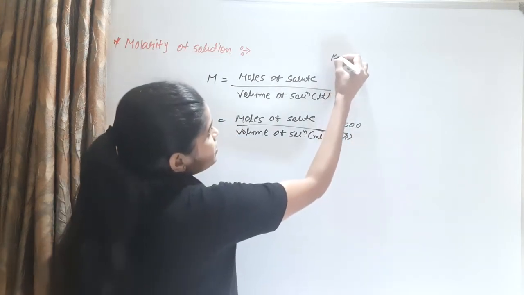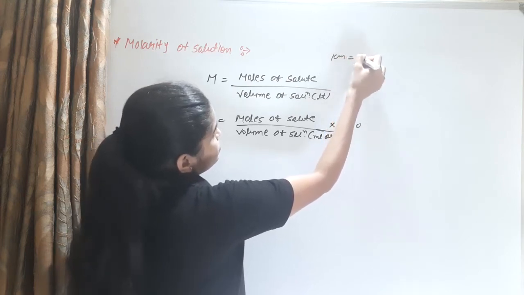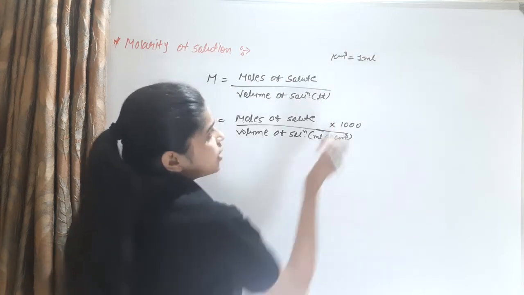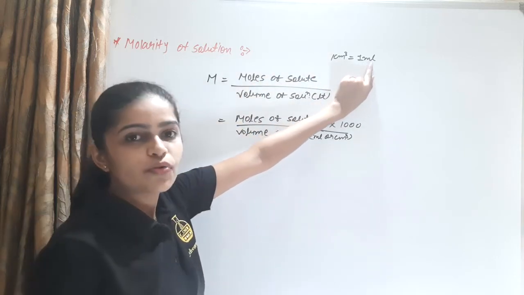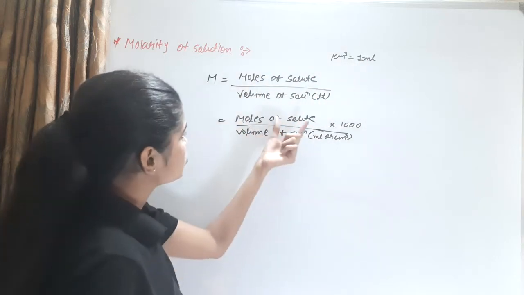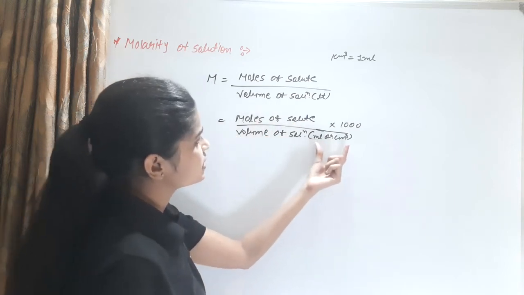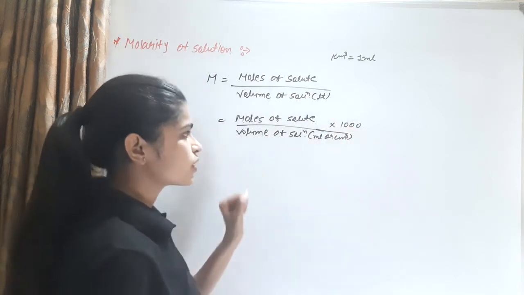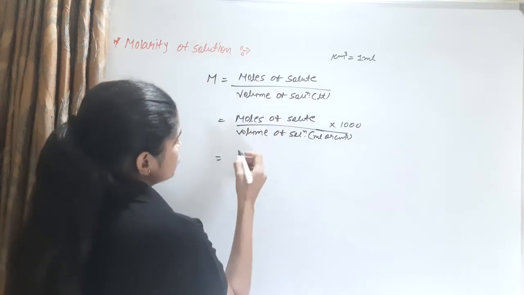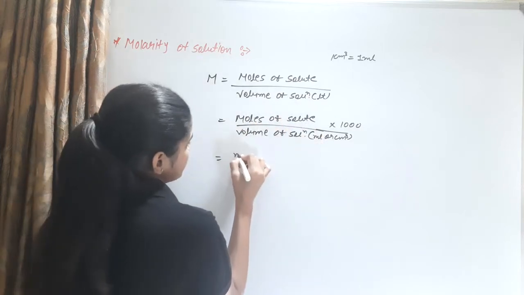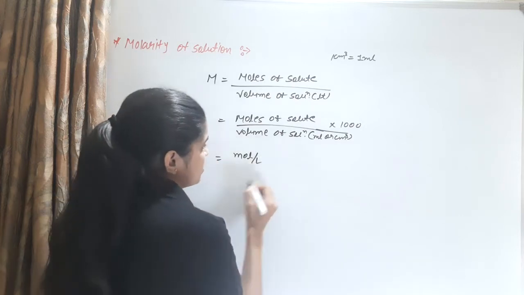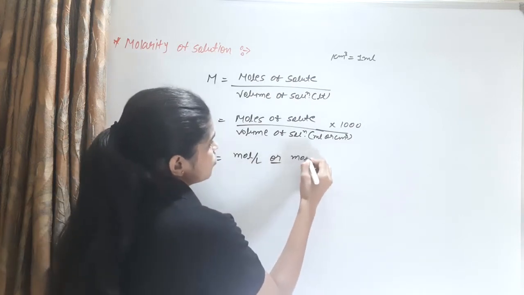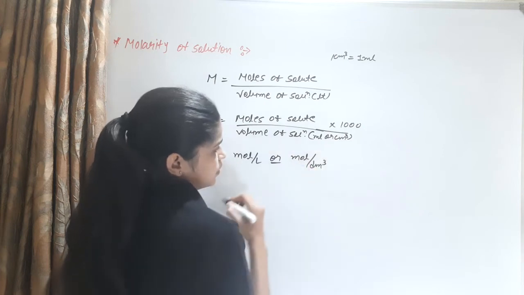We know that 1 centimeter cube is equal to 1 ml. So 1000 centimeter cube is equal to 1000 ml or 1 liter. That way, moles of solute upon volume of solution in ml or centimeter cube into 1000. Its unit is mole for the solute and liter for the volume of solution, so it's moles per liter, or in other terms, moles per decimeter cube.